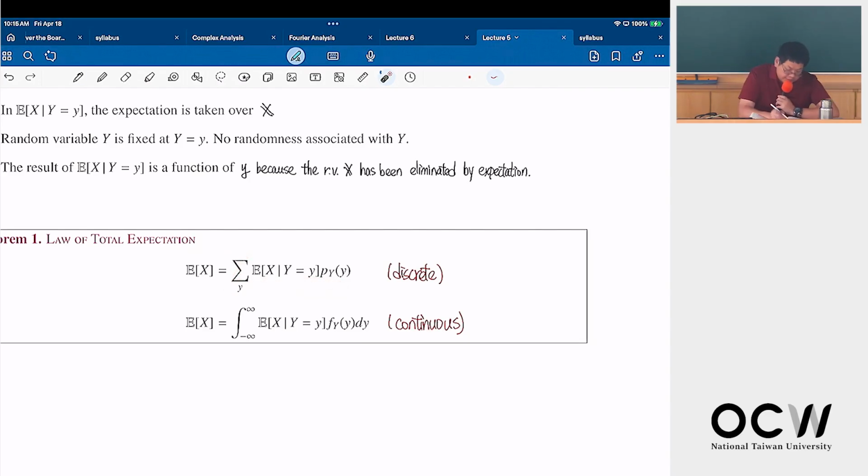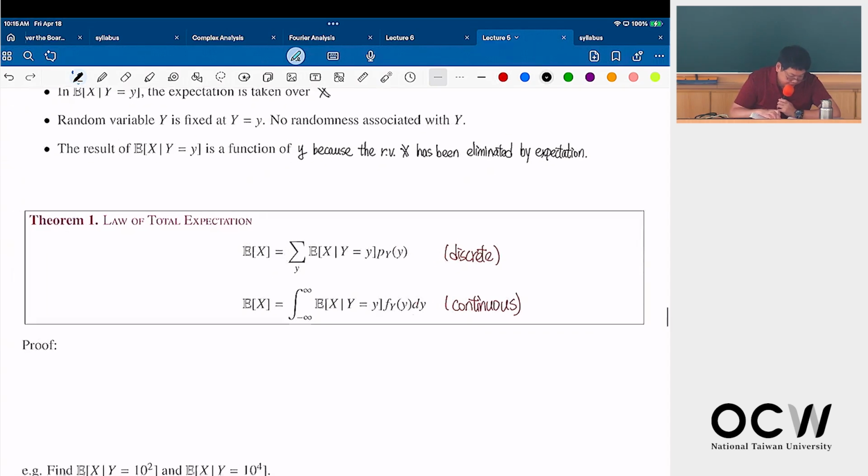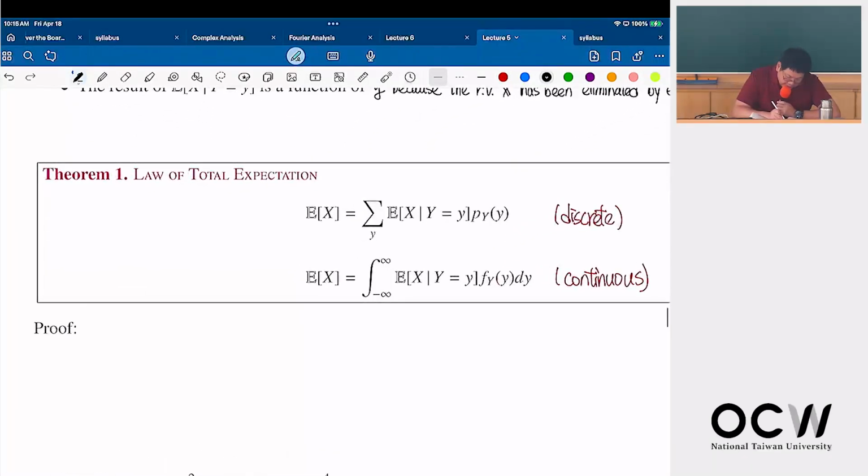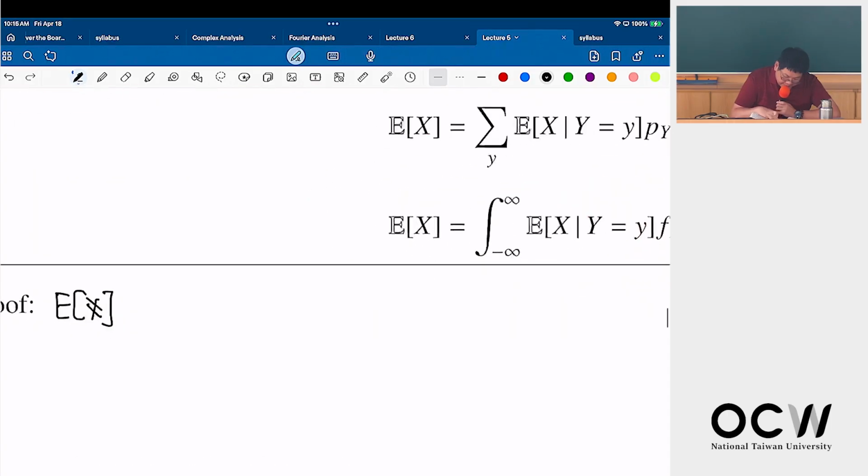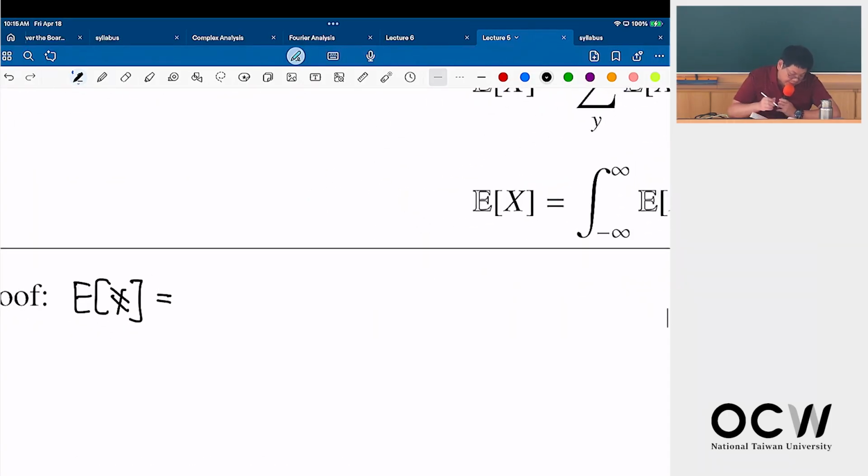Here is the proof. What is the expectation of x? We know the expectation of x is to consider all possible outcomes times their corresponding weightings, the PMF of x.